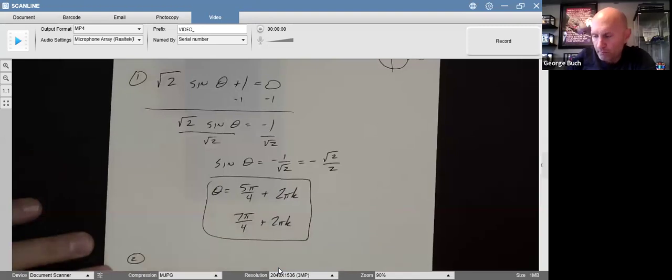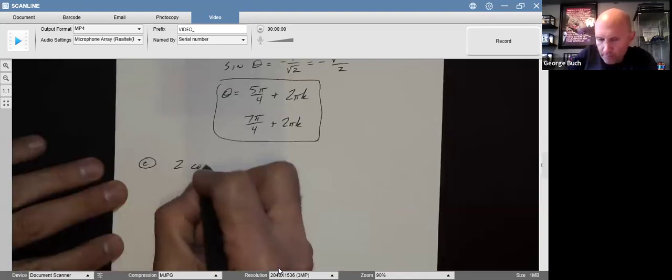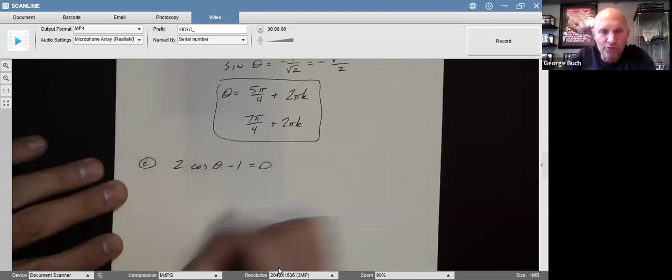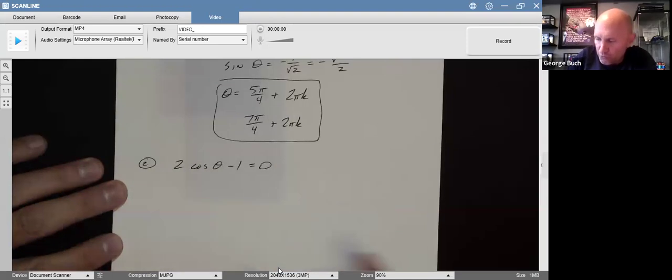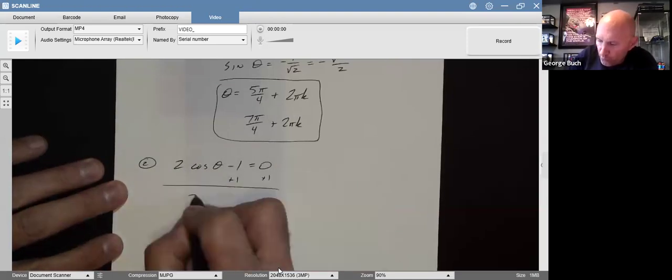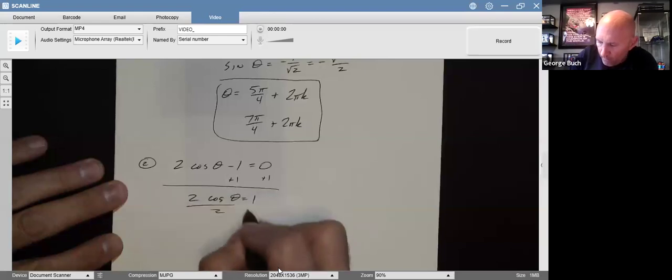The second problem said 2 cosine of theta minus 1 is 0. So it's essentially like the last problem. It's just instead of a square root of 2, I just have a 2. But I'm going to add 1 to both sides. So I get 2 cosine of theta is 1. Divide by 2.